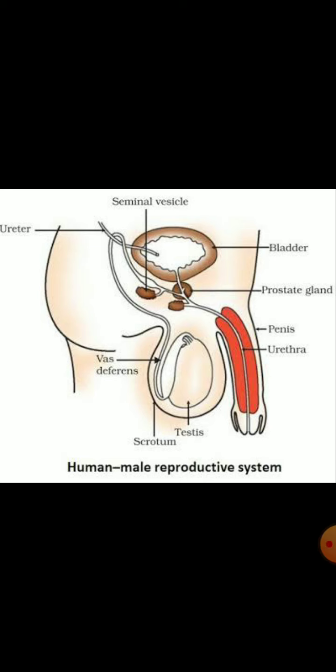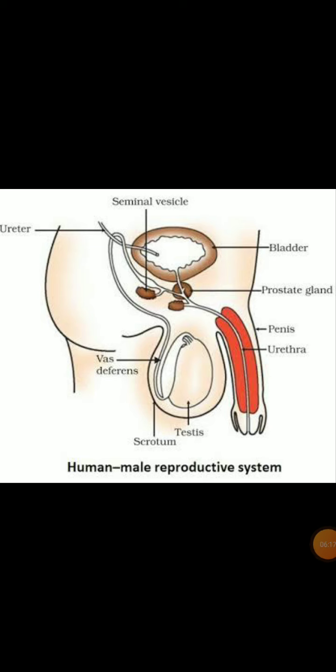Look at the figure carefully. What is the function of this vas deferens? It unites with a tube which is coming from the urinary bladder, and it helps to transfer the sperms from testes to urethra.